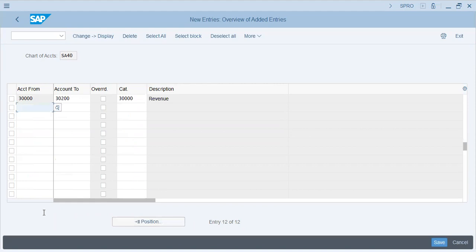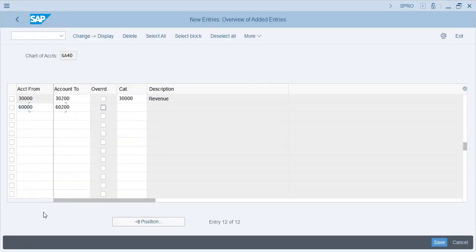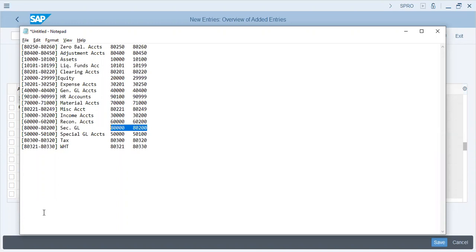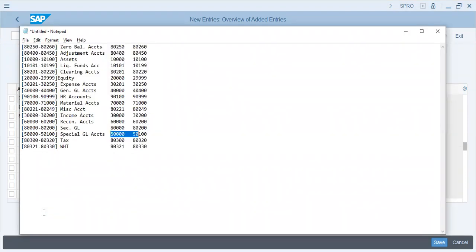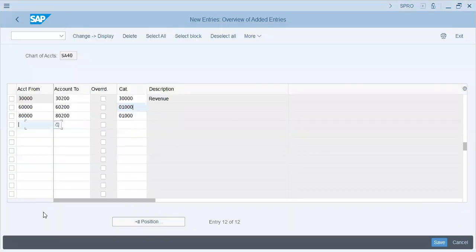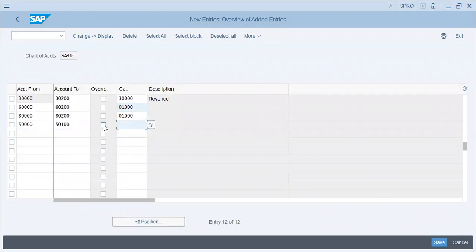Achha ji. Recon accounts, these are balance sheet accounts. Secondary GL, these are cost accounts. So again, balance sheet accounts for costing, material costing. Special GL, what is special GL? Let me explain the special GL, and override will be written over here.